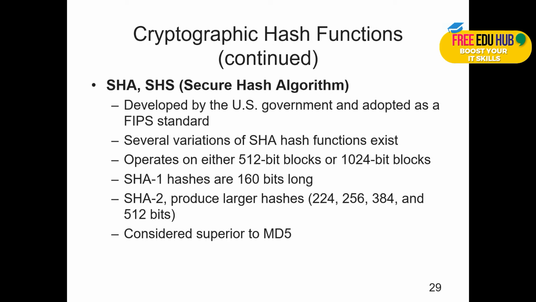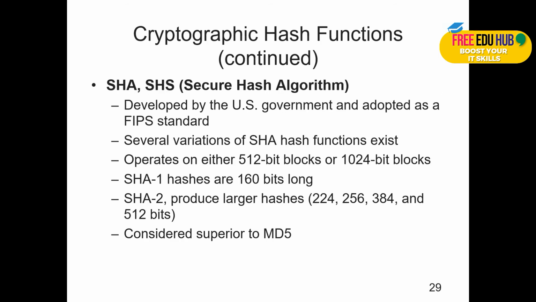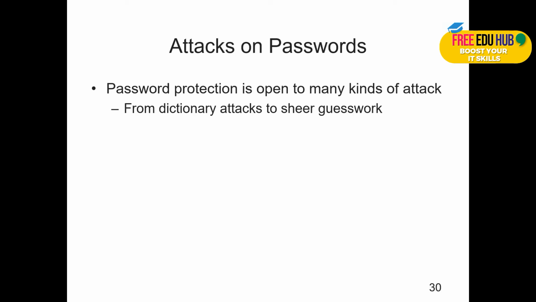SHA-1 hashes are 160 bits long, and SHA-2 produces larger hashes for bigger files and for enhanced hashing value of the files. If you remember, we used these algorithms in our previous course covering computer forensics and investigation. We tried to find out the hash values of the files and folders, and there are different tools to do that.